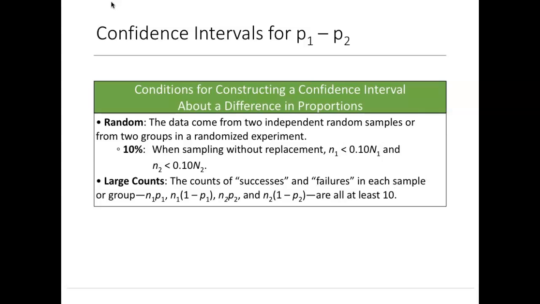So you need to make a statement that your first sample is less than a tenth of its population and your second sample is less than a tenth of its population. And then large counts, you now have to check for both samples as well. So you need to check that N1 times P1 and N1 times 1 minus P1 are both at least 10, and the same for N2 P2 and N2 times 1 minus P2.